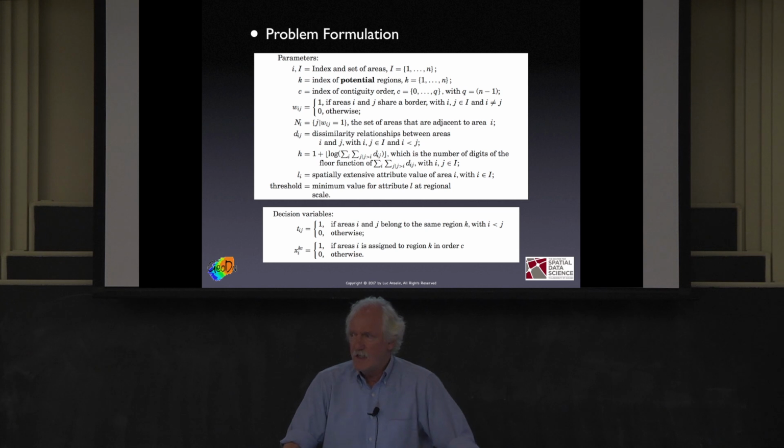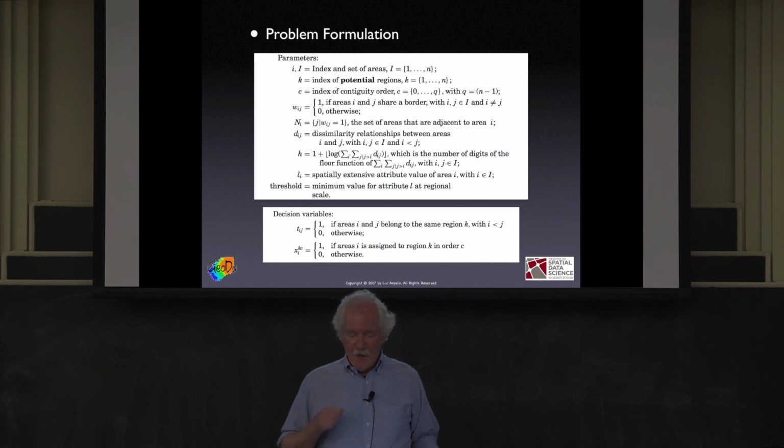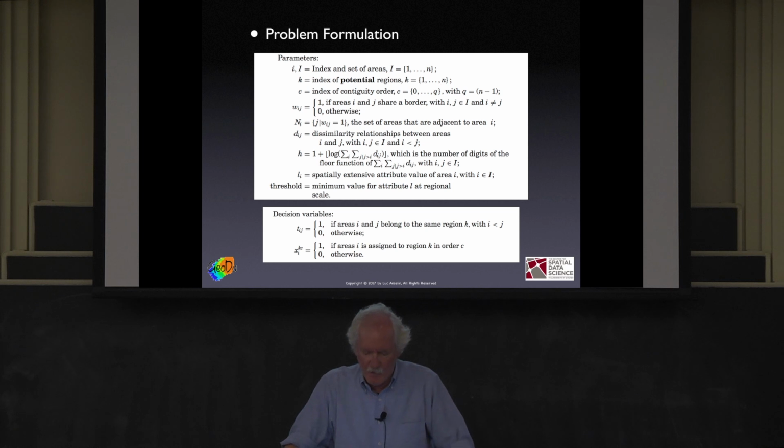So then the next is kind of tricky. The way that Max P deals with contiguity, it starts, of course, with a weights matrix and then figures out for each observation what are the neighbors with a particular order of contiguity. So order of contiguity 1 is 1 step, contiguity 2 is 2 steps, and we've seen that before.